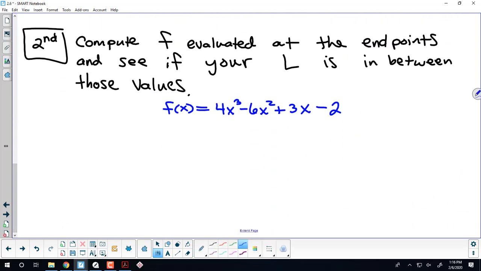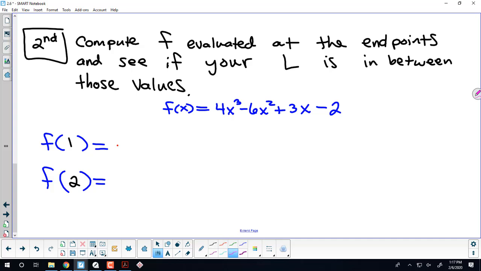Now we're going to evaluate our function at the endpoints. We're going to evaluate f of 1, and f of 2, our endpoints, to see what we get. You can just plug that into your calculator. f of 1 gives us -1.